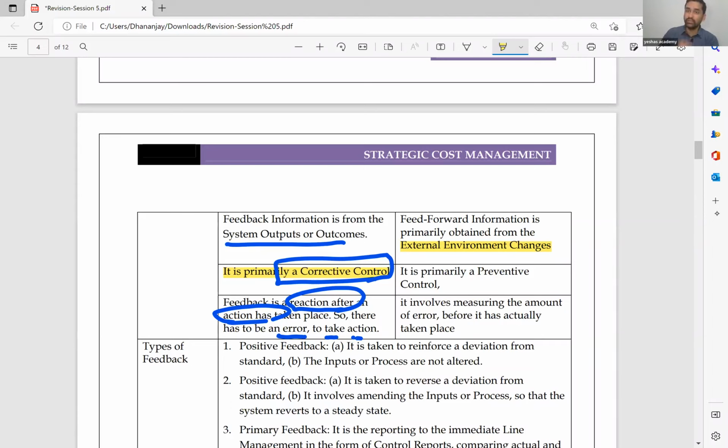This is called feed forward. September is not over yet. You're already thinking that you'll be spending a little more. It is a preventive control. Now on September 10th itself, I'm thinking, how should I avoid this extra material cost on September 20? Can we talk to another alternate supplier today itself, not wait till the 19th or 20th? Or can we talk to our regular supplier and try to get some material at least much earlier than the 20th? Because the flood has as of now created a problem.